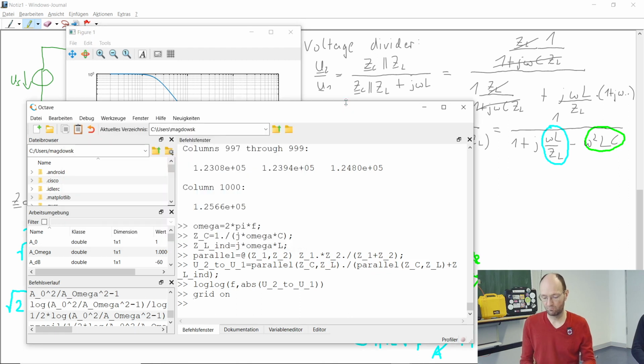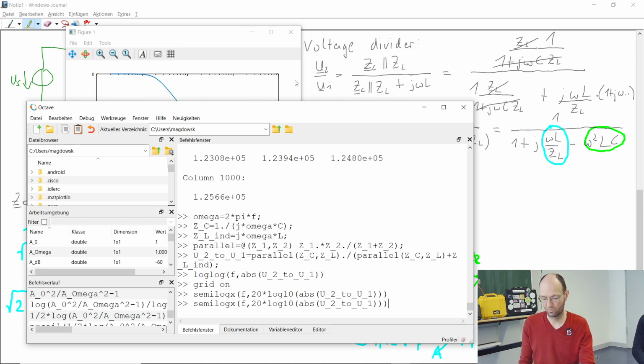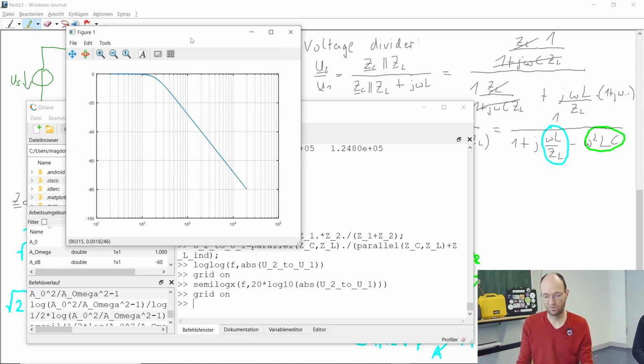And so if we convert into dB, so if I change to some semi-log x, and if we take 20 times log 10 of this, then we should convert it into dB. So let's also switch the grid on once again. And we can see, okay, our DC gain as before, 0 dB or a factor of 1, and at 10 kilohertz we really get more than the 60 dB.